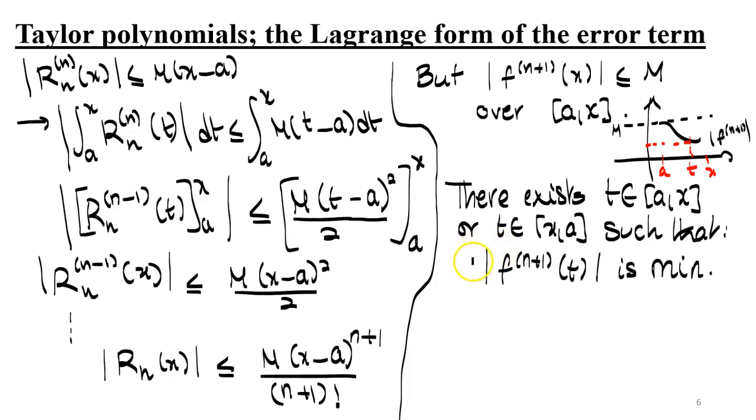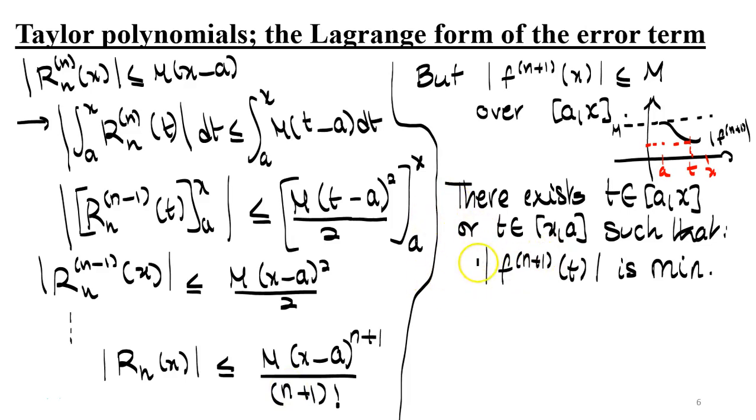And that is because this value is, in fact, the smallest possible value that m can take. So for m equal to the absolute value of the derivative of order n plus 1 of f at t, in that case, the right-hand side of this inequality is minimum.